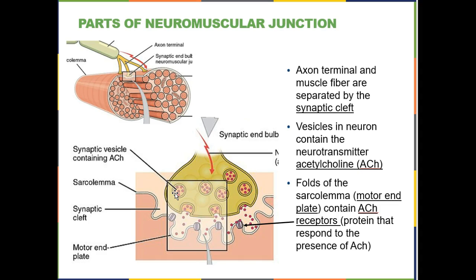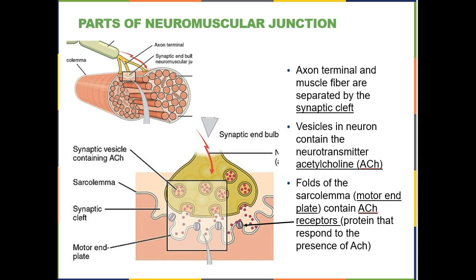So it's just enough acetylcholine to get one end plate potential, one action potential in the muscle cell, and one little squirt of calcium into the cytoplasm.